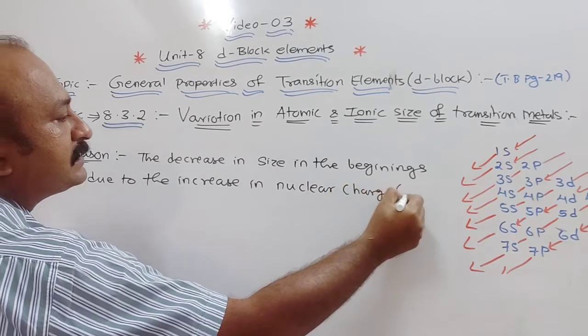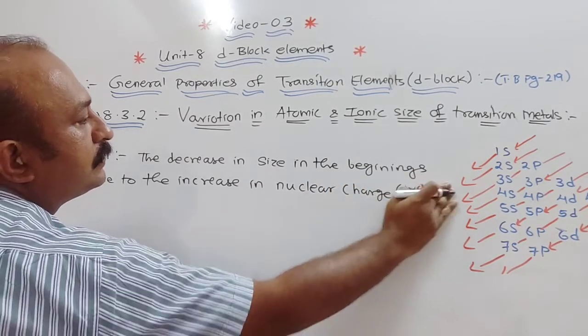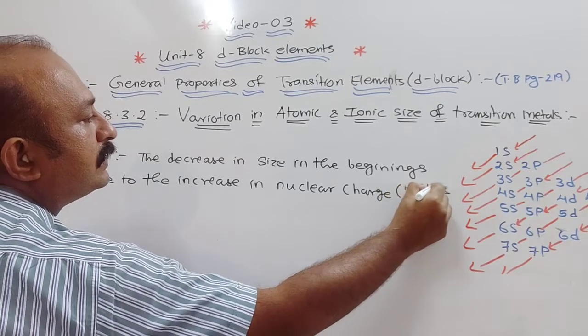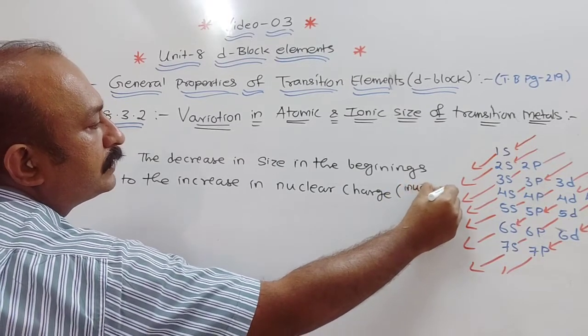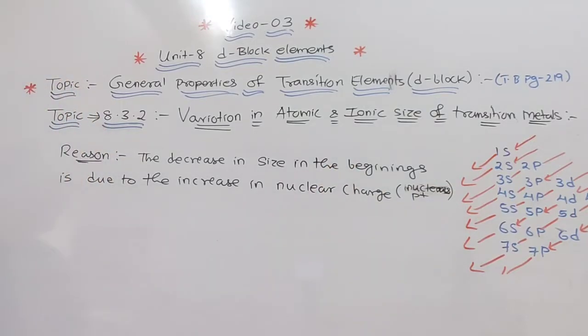Now when we talk about nuclear charge, we mean the charge in the nucleus. What is there in the nucleus? Protons, because atomic number is equal to the number of protons. So the size decreases due to the increase in nuclear charge.